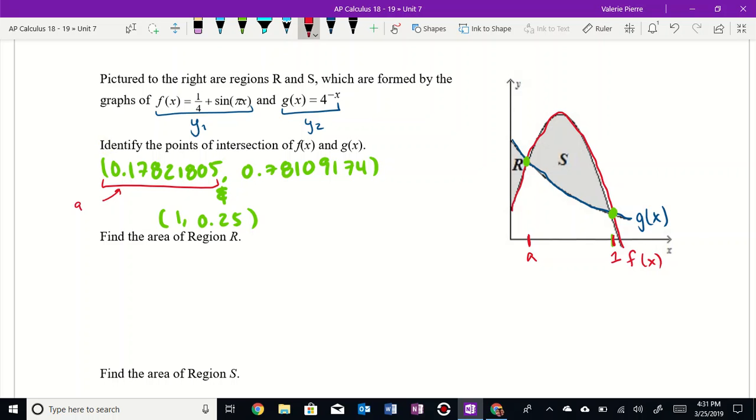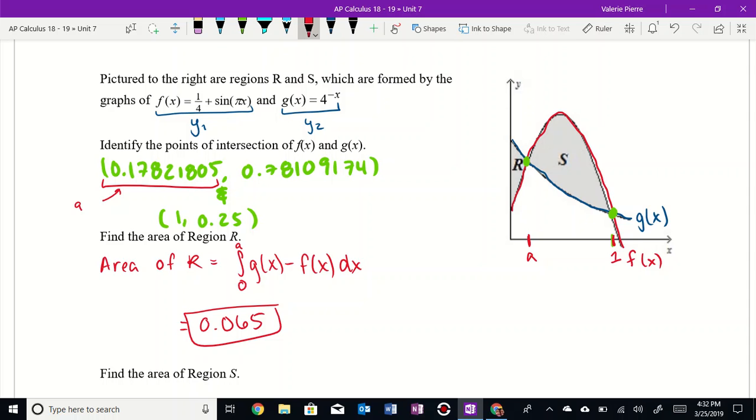So to find the area of region R, the area of R is equal to the definite integral from 0 to A of, in this case, for region R, our above function is g of x. So we have g of x minus our lower function, which is f of x, dx. So I'll plug that into the calculator, and I get 0.065. This is a lot of calculator problem.